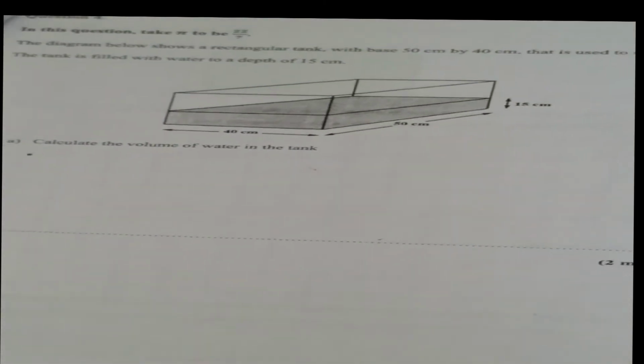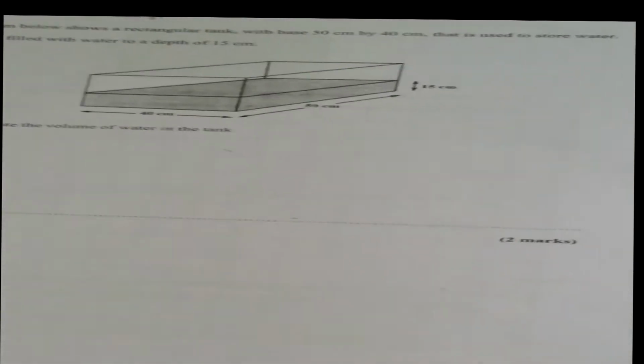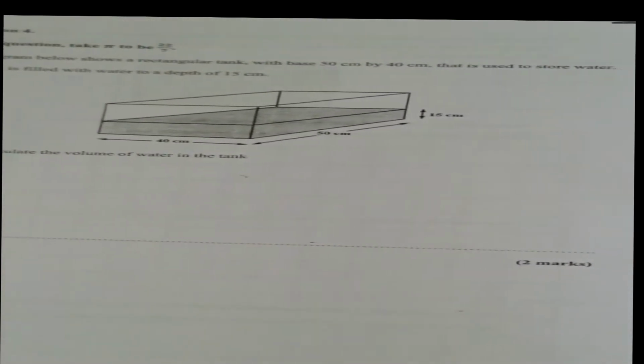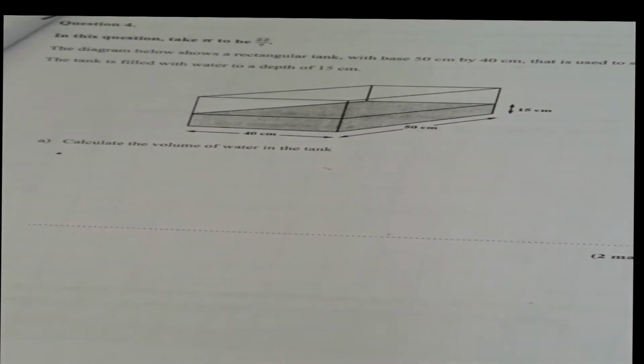In which it says the diagram below shows a rectangular tank with a base 50 centimeter by 40 centimeter that is used to store water. The tank is filled with water to a depth of 15 centimeter. Calculate the volume of the water in the tank, right? And so we know this tank is in the form of a cuboid, right?